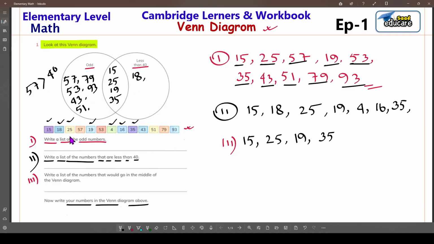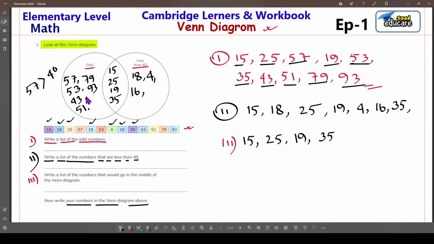Then also we can check now. 15 we already wrote, it's in the middle. 18, here is 18. 25 middle. 57 left side. 19 middle. 53 left side. 4 we can write in here. 4 is not an odd number. Also 16, right?